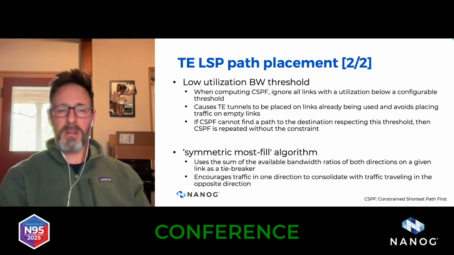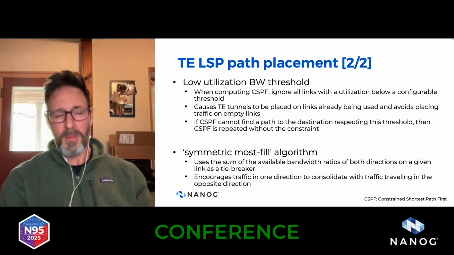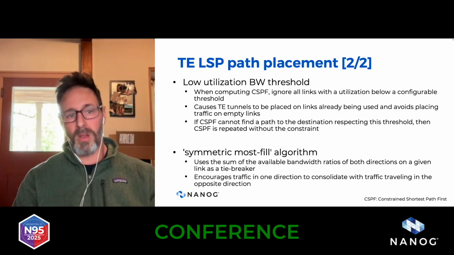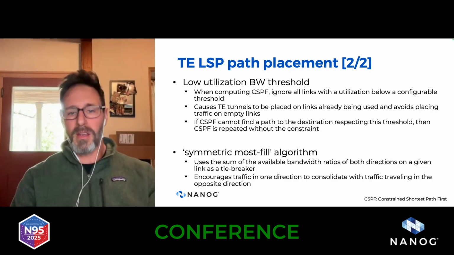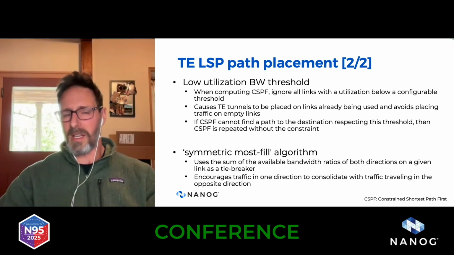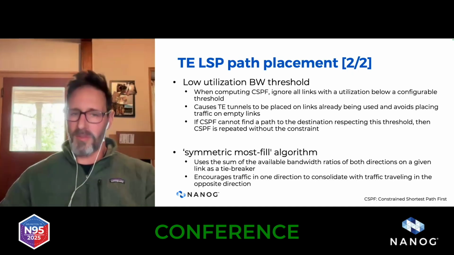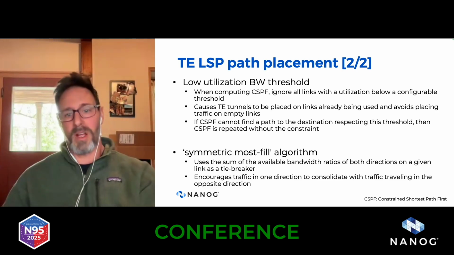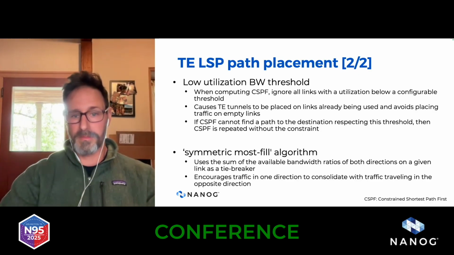And while there are RSVP-specific extensions for bidirectional LSPs, we are introducing something we call a symmetric most fill algorithm. And again, the idea here is to try to encourage symmetry without adding new protocol extensions or requiring the use of, say, an off-box PCE. And this encourages traffic in one direction to consolidate with traffic traveling in the opposite direction.